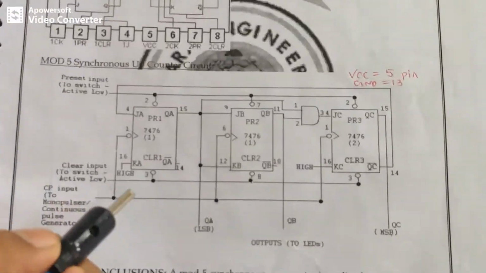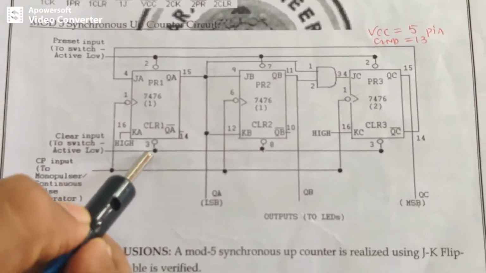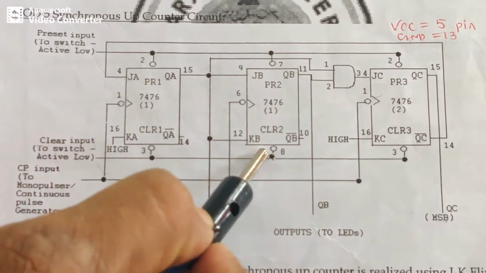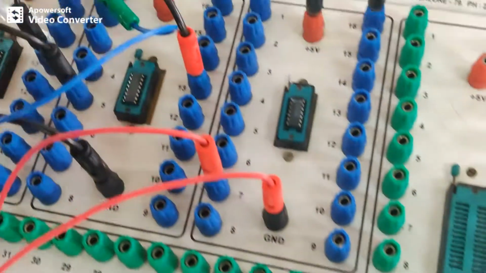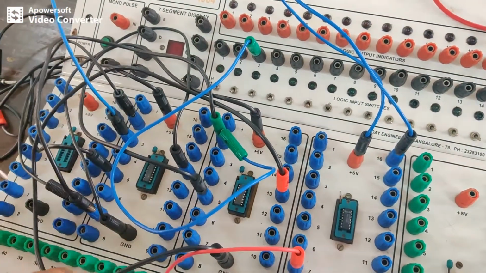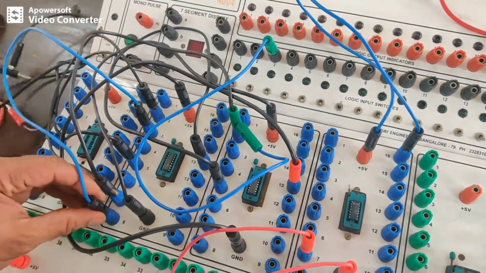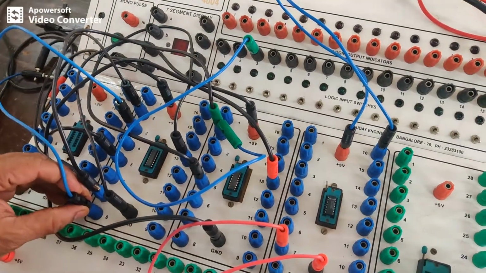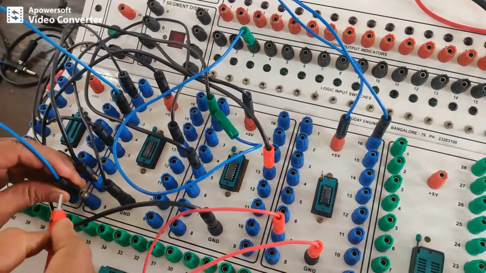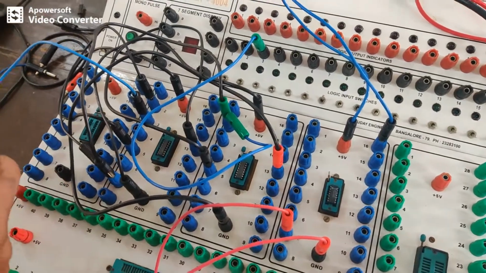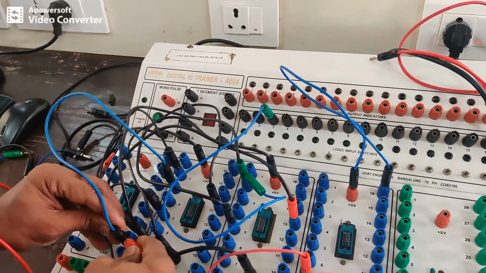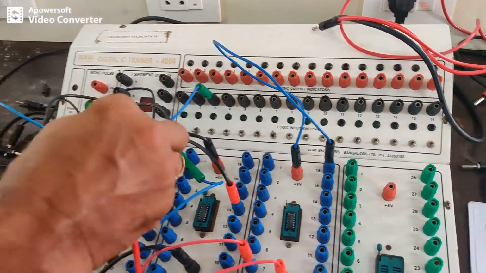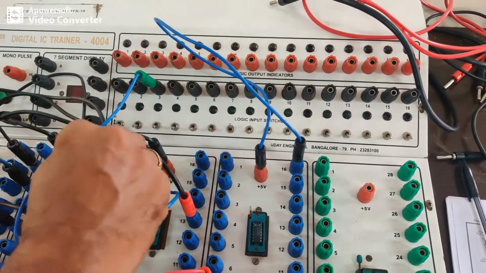Similarly, here you can see pin number 3 and 8 of first IC shorted together with pin 3 of the second IC. From here take one more connection, a tapping, that goes to pin number 3.